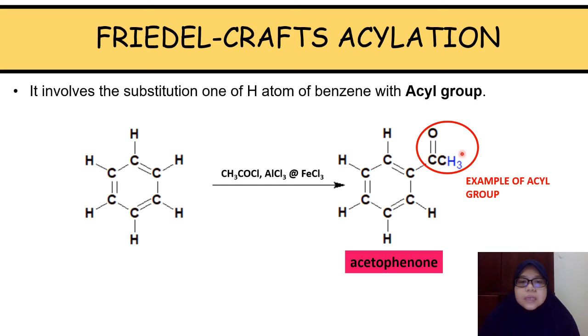Our reagent should contain the acyl group that we want to add, which is C double bond O CH3, so CH3 C double bond O Cl. Since we use Cl, our Lewis acid is aluminium chloride or iron chloride.